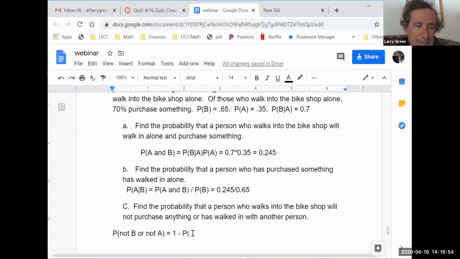What's hard is reading that question and coming up with the logic. So if we have not B or not A, that means B must be true and A must be true. So that's B and A.